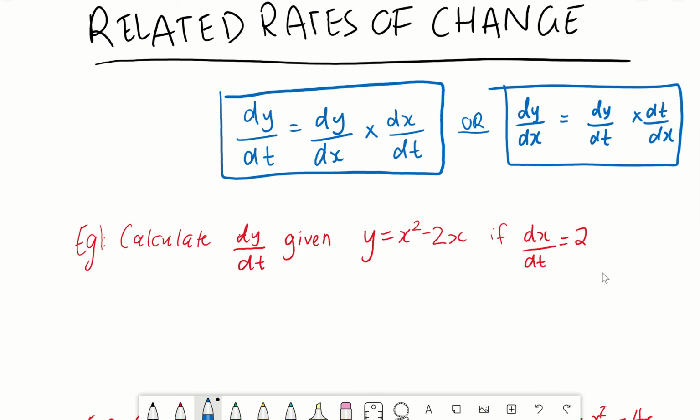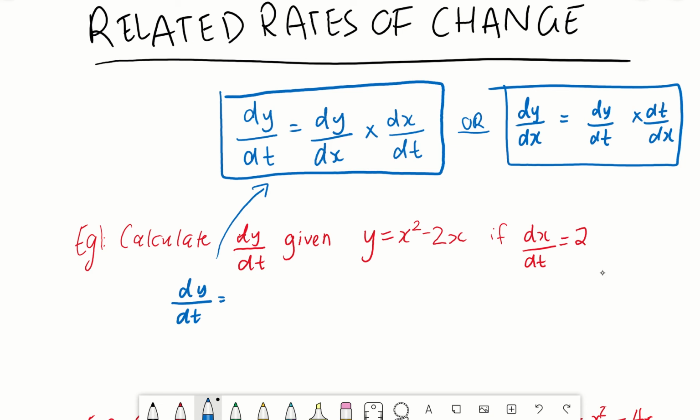So it says on example 1, calculate dy dt, given that y is equal to that, and that dx on dt is equal to 2. So first thing I'm saying is, all right, I need to calculate dy on dt. So I create my formula to represent what I want to find, which is going to actually be the exact same formula we have here, because all the letters we have is what we want, okay?